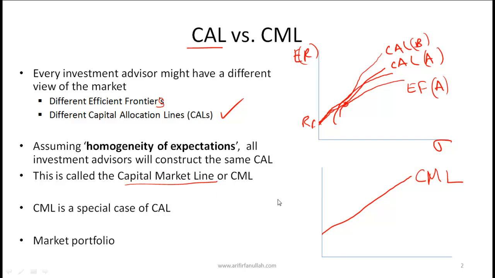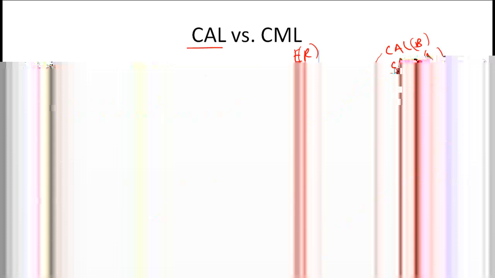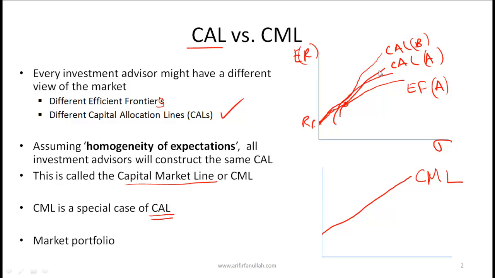So essentially then the CML is a special case of the capital allocation line. And students who first learn about the CML and then are taught about the capital allocation line will sometimes hear the phrase that the capital allocation line is an operational version of the CML.